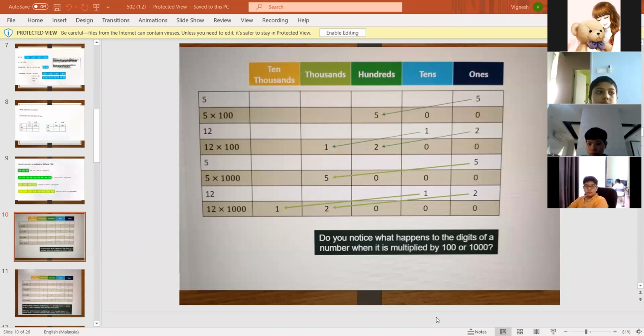Okay, so as what we did for the multiply by 10 just now, when 5 is in one's place, you just need to move the numbers to the left, and then you need to insert zeros. For multiply by 100, how many zeros you need to insert at the back?